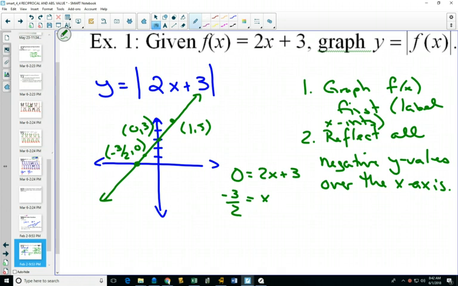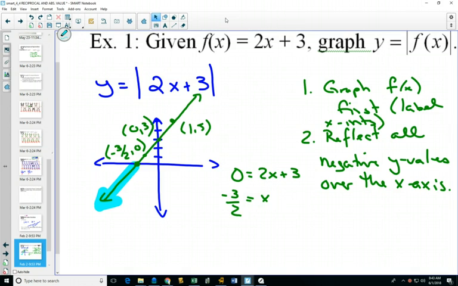Once you've drawn your graph, wherever your graph is negative, which is this section right here, wherever the y values are negative, if you change those y values to positive, it's like flipping this negative part up over the x-axis.